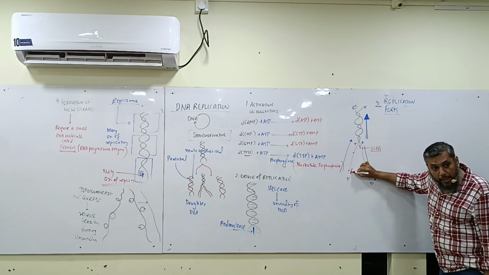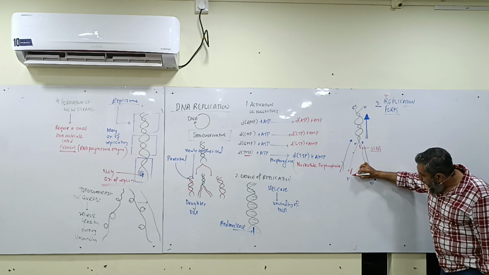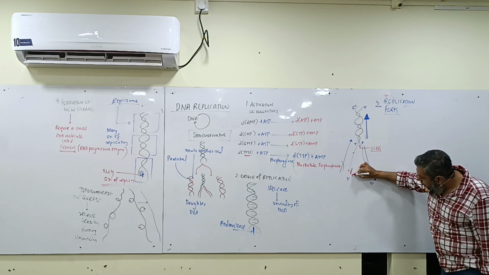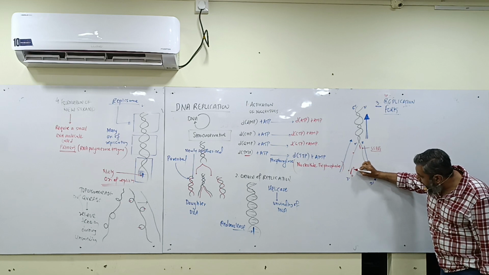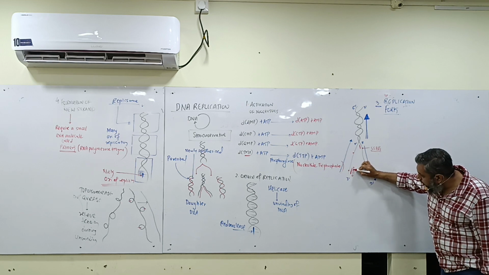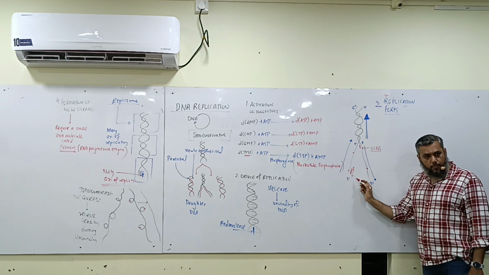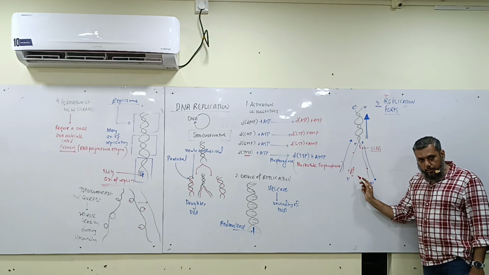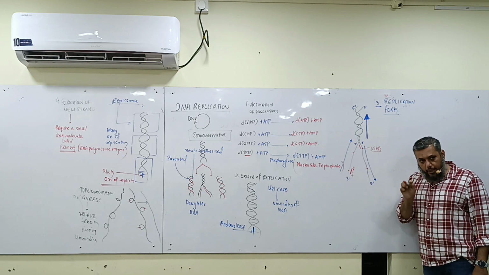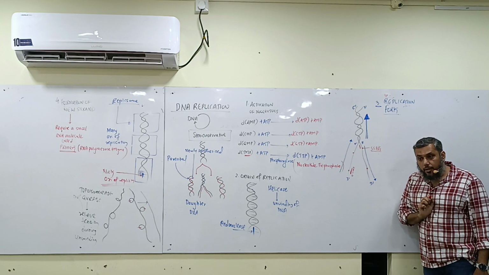RNA primer, and it is synthesized in the 5' to 3' direction. खुद का कौन सा डायरेक्शन बच्चों? 5' to 3' डायरेक्शन। तो RNA प्राइमर टेम्पलेट के कौन से एंड पे अटैच होता है?